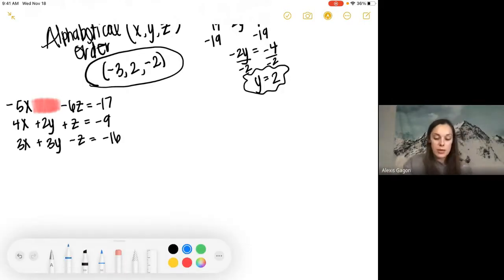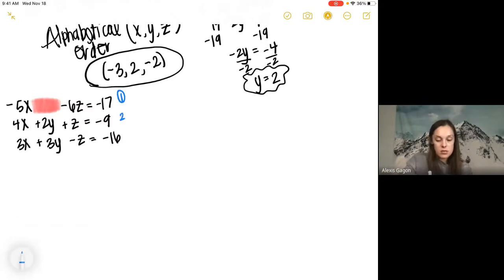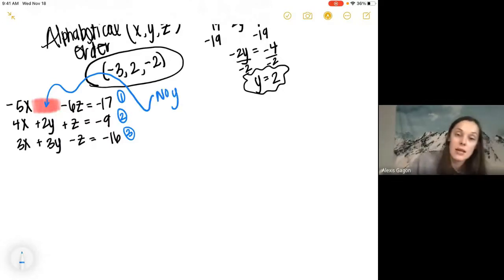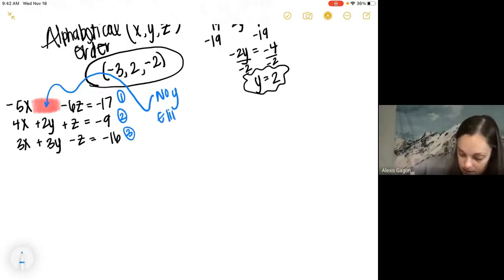We're going to start by naming these equations 1, 2, and 3. Now, when there's a variable that is gone, that is the variable that we are going to eliminate. So since we do not have a y here, that means that we are going to choose to eliminate the y's.